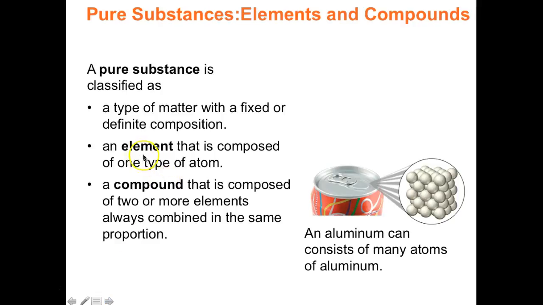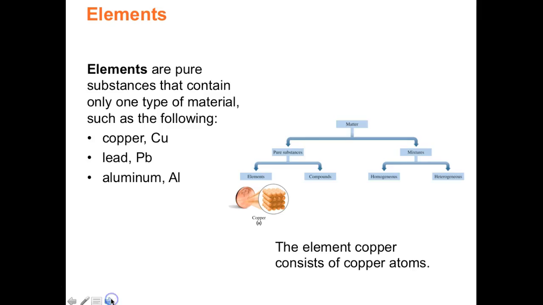So a pure substance is either an element, which means it's just one type of atom, like here, the top of this aluminum can, you can see it's made up of just aluminum atoms, all right, just one thing. Or a compound where there are two or more elements combined together in a definite proportion, as I explained with H2O and H2O2.